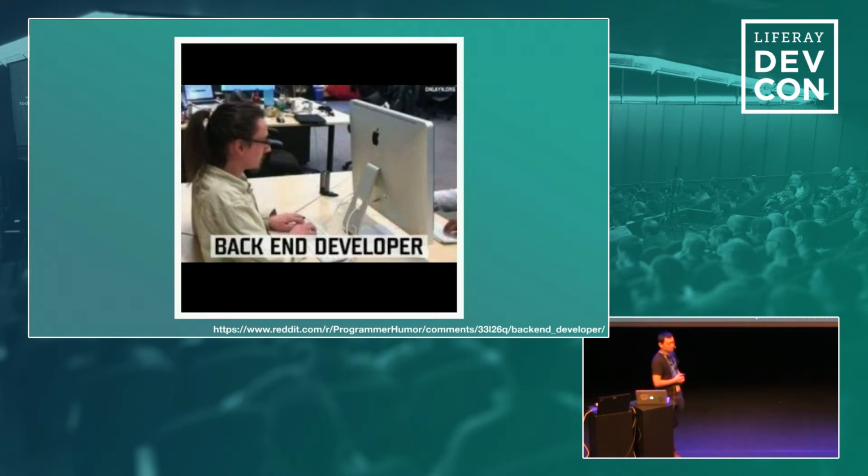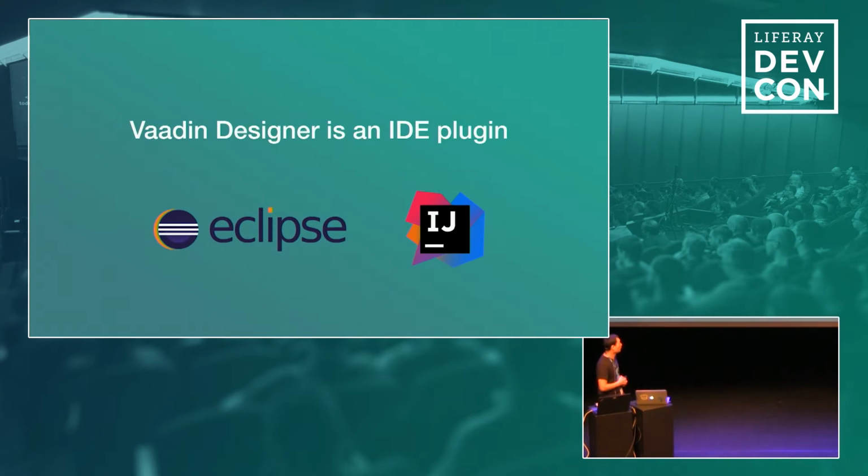And Vaadin has actually thought about it and brings you this kind of tool for creating web components, called Vaadin Designer, to help you create a web component without having to touch the JavaScript or HTML code. It's an IDE plugin which is available for Eclipse and IntelliJ.